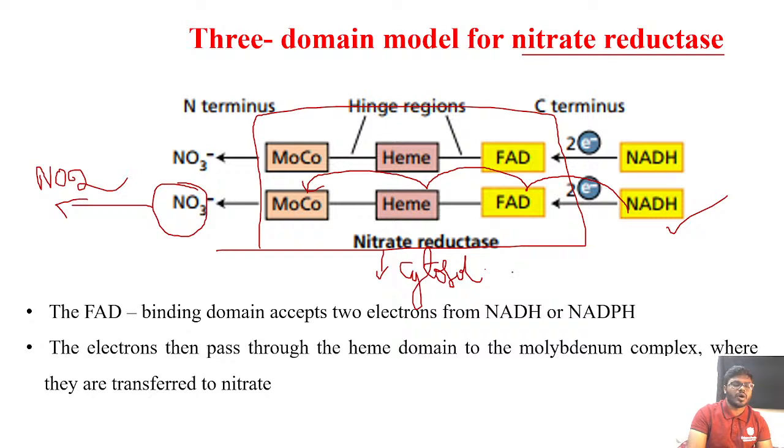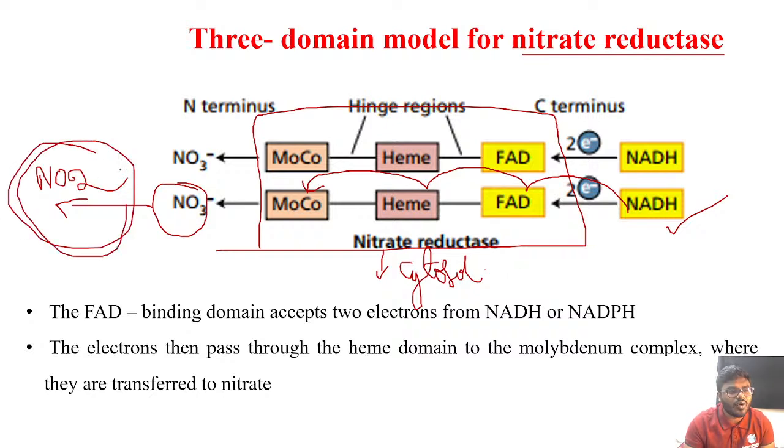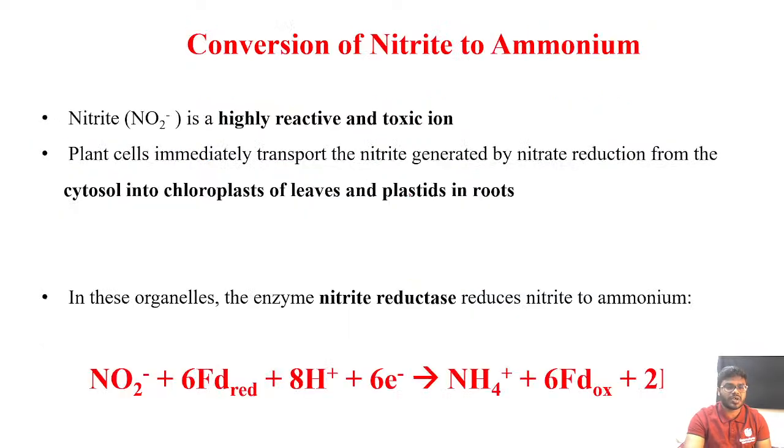So friends, listen, where is this particular nitrate reductase present? In the cytosol. So where does the production of NO2 occur? In the cytosol. But you tell me, do you think we can store the NO2? No, not at all. Friends, just now I said to you, NO3 is toxic. But compared to NO3, NO2, that is nitrite, is a little more toxic.